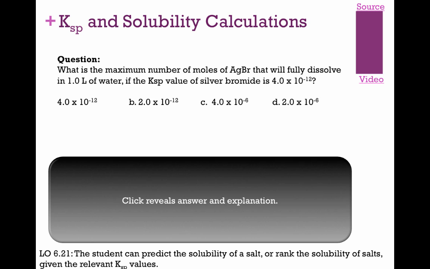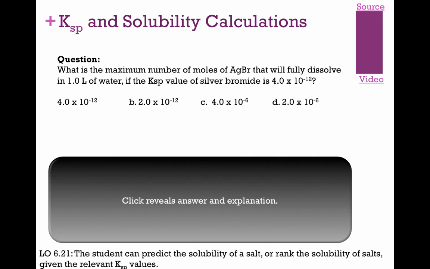So we need to figure out what molarity of AgBr will dissolve. Well, what's my ratio of AgBr to Ag plus? It's 1 to 1. Now, I can't plug AgBr into my Ksp expression. Why? Because it's a solid. So what we have to do instead is solve for Ag plus and Br minus and then compare that way.